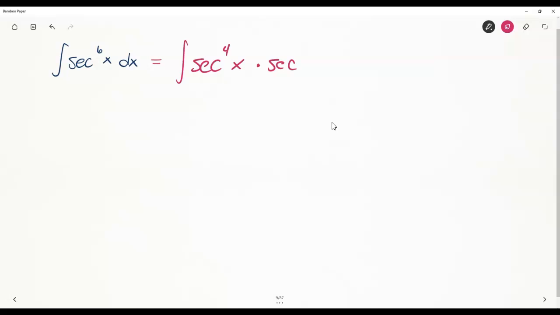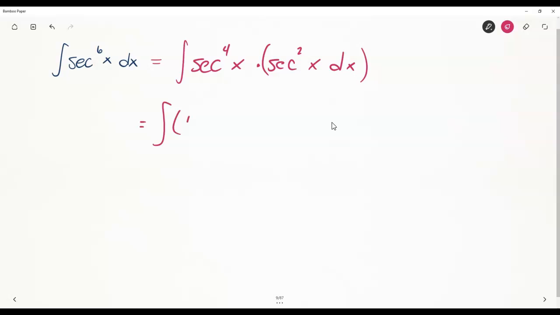So break off 2 factors of secant. These 2 factors together with the dx, that's going to be your du after your substitution. Keep those. All of the other factors of secant, we're going to write in terms of tangent.